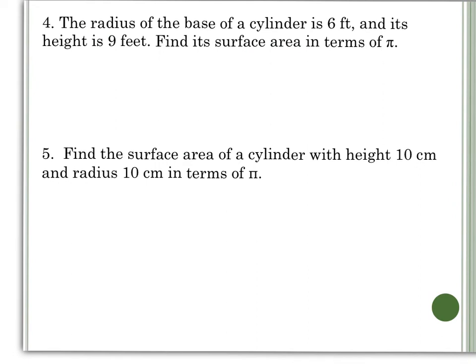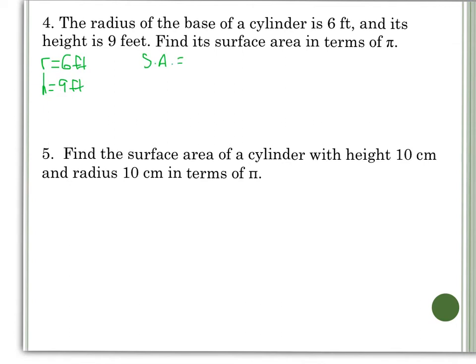In number 4, the radius of the base of a cylinder is 6 feet and its height is 9 feet. Find its surface area in terms of pi. So I'm just going to label that we have our radius of 6 feet and our height of 9 feet. And now we're just going to substitute into our surface area formula.